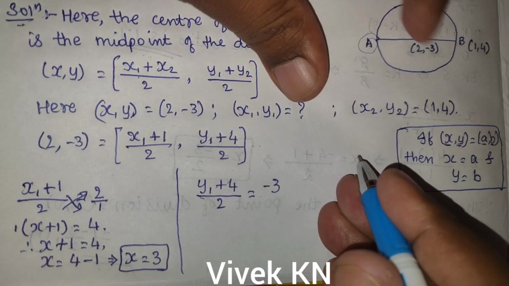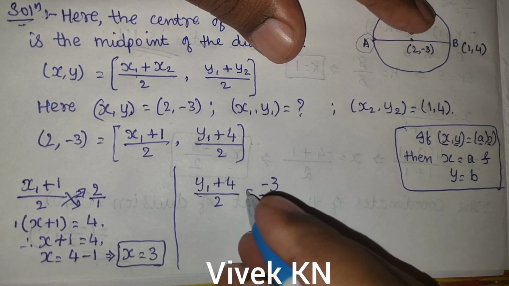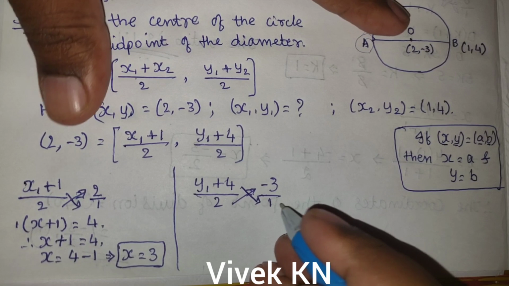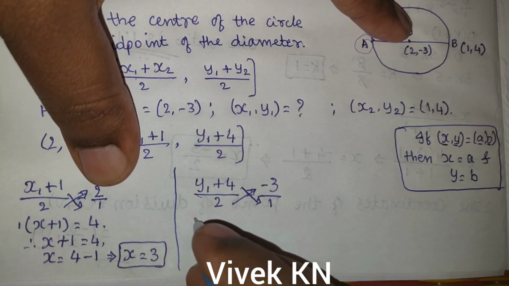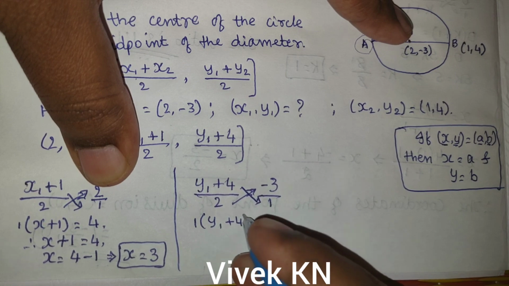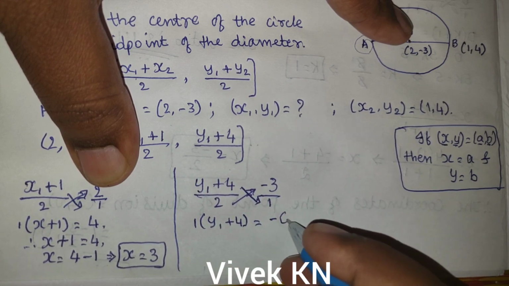In the same way, we do cross multiplication in this also. That is 1 into (y1 plus 4) is equal to -3 into 2, which is -6.